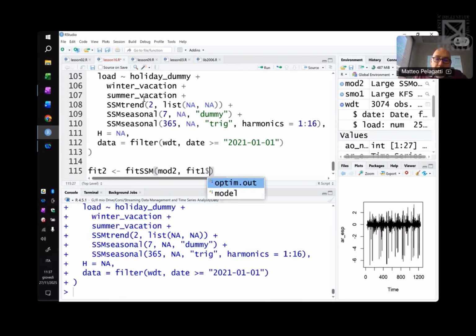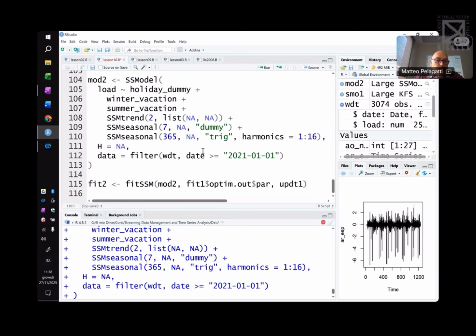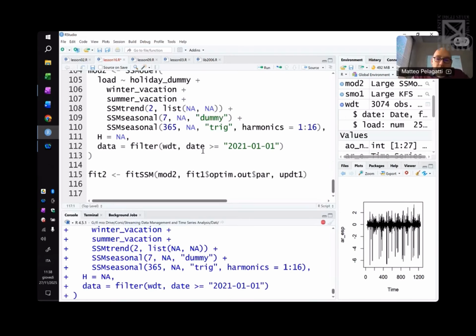So fit 1 optim out par. That's where the previous estimates are contained. And we use the same update function, which we called update 1. So this is a little bit more involved, but not that much. So it shouldn't take too long to estimate. And hopefully we'll do a decent job.